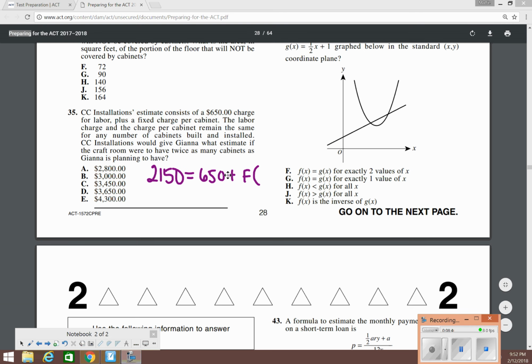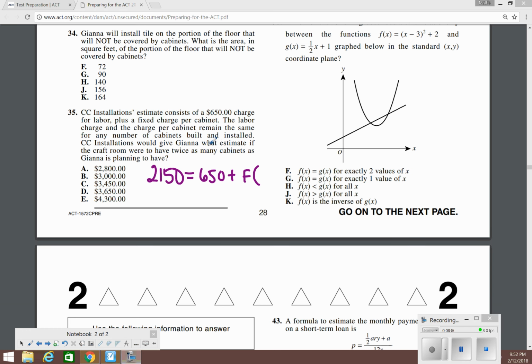So we're charging a fee per cabinet, but the question here is if she wanted twice as many cabinets, then how much would that change our estimate to? So we already know that it's always going to include that $650 fee. So if I want to find out how much they're charging for the number of cabinets she picked, then I can take off the $650.